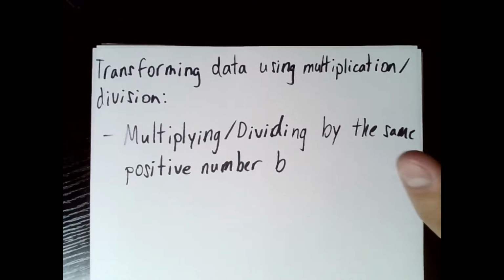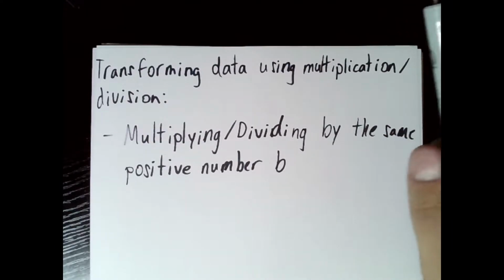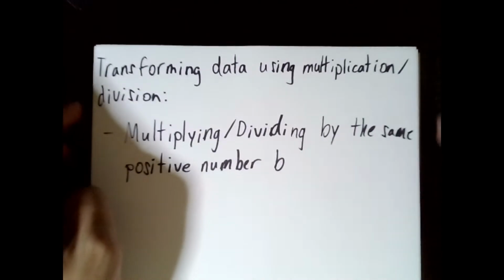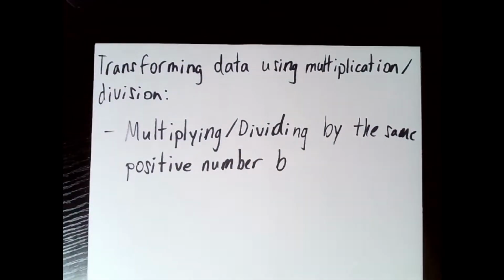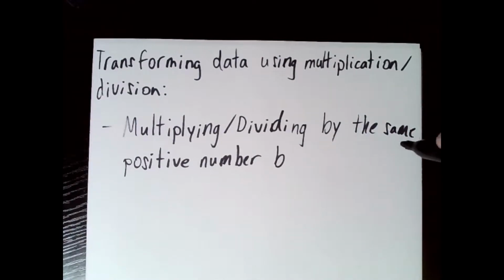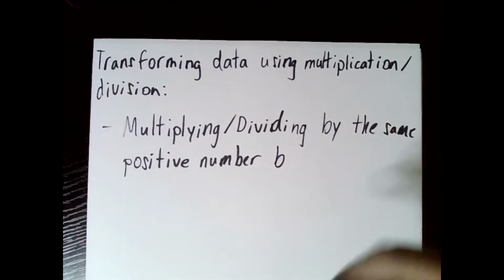Now, we can do that if we'd like, but we're going to see that for some of the transformations, we're going to have to use the absolute value of b anyway, right? So that's something we'll talk about when we get to linear transformations of data sets. But for now, we'll keep it simple and just restrict b to be a positive number. So multiplying or dividing by the same positive number b, we'll have the following impacts.